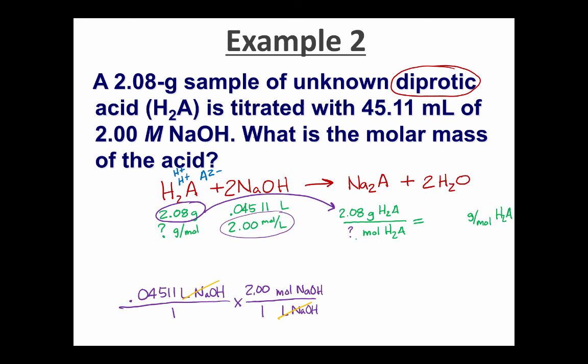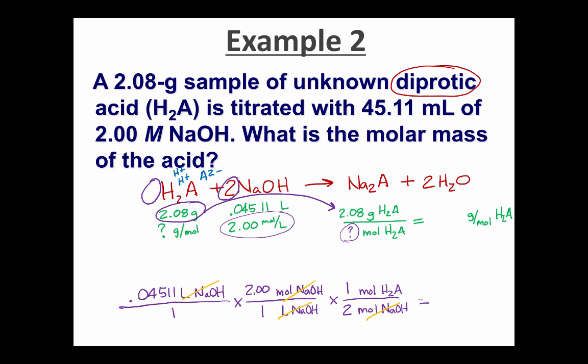Now remember, we're trying to find the moles of H2A, and we're getting closer. In fact, I just need to plug in a mole-to-mole ratio. Since the base was neutralizing a diprotic acid, it takes 2 moles of NaOH for every 1 mole of H2A. That's 2 moles NaOH and 1 mole H2A.